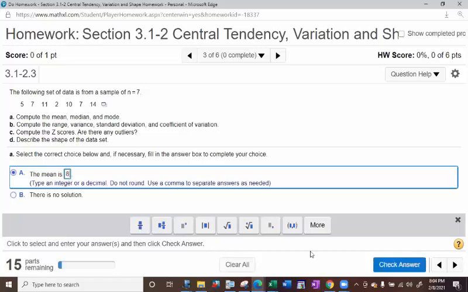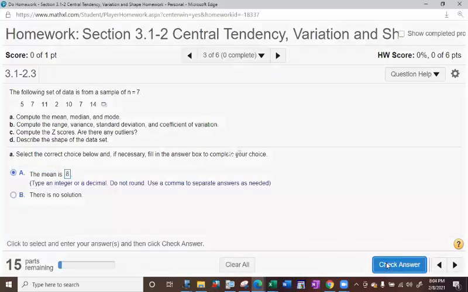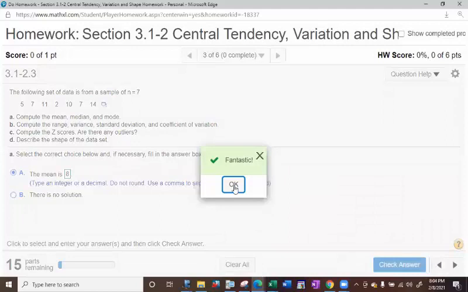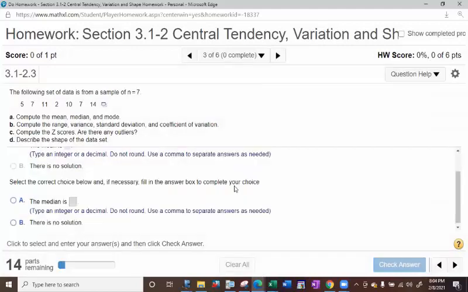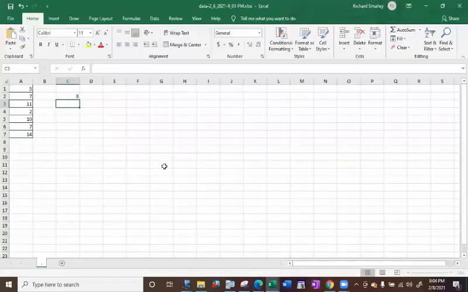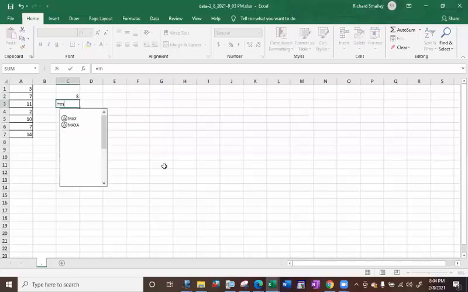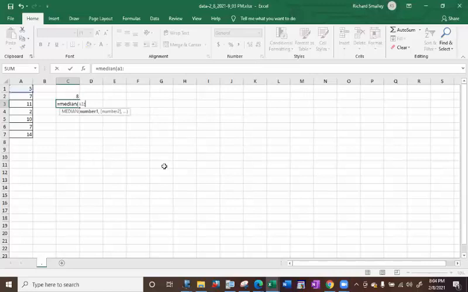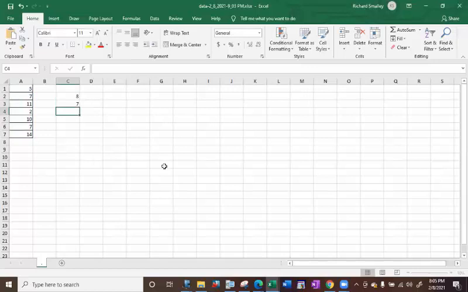Yeah, the only way you're going to have no solution to these is for the mode. Remember last week we learned it's possible for a data set not to have a mode if nothing repeats. So there will never be no solution for these first two, but that could be the answer for the mode. So if it has no mode, you just pick no solution. I think we saw there was a median command last week. Seven.